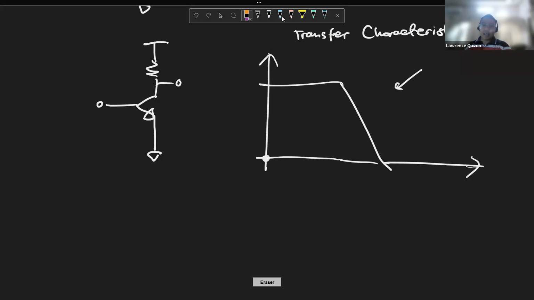And let's derive the equations to actually get such a thing. So this V out versus V in, diba? For a common emitter amplifier, we can get V out as a function of VCC, RC, and the DC bias V in.